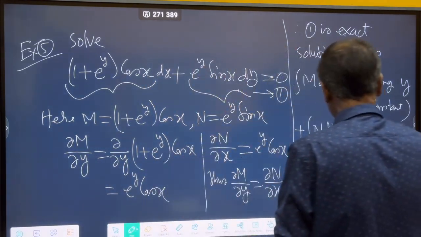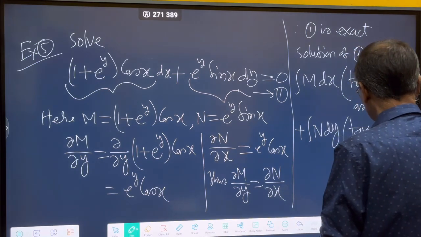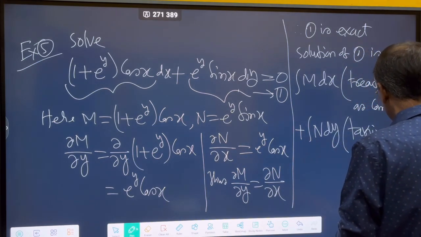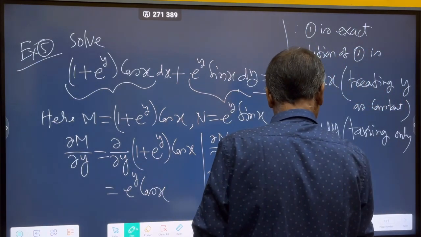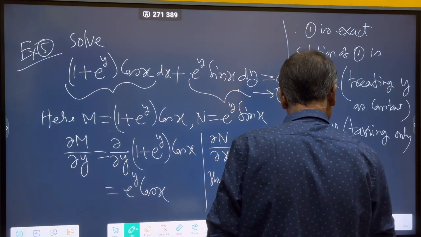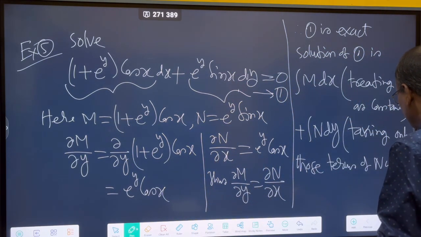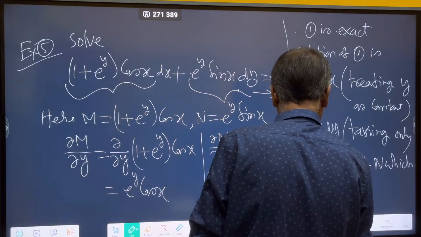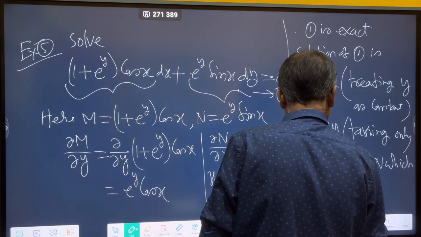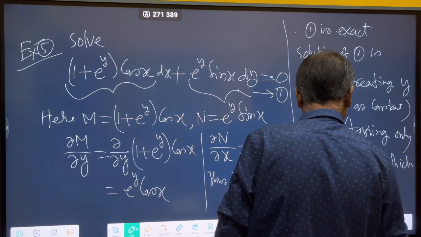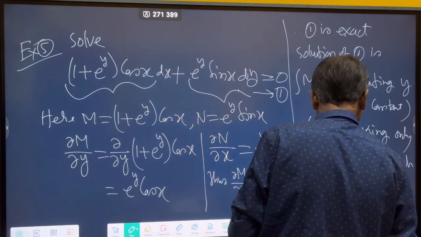Here, taking only those terms of N which are free from x, which do not contain x, this is equal to constant.